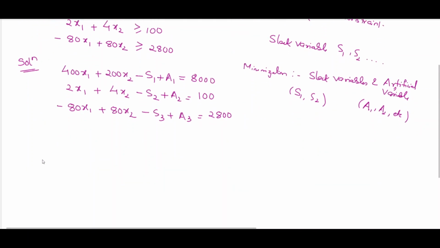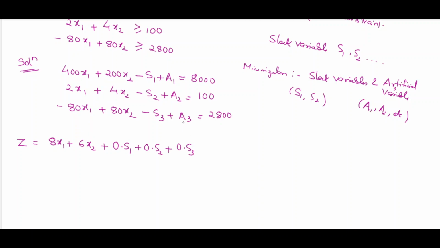Now what will be the objective function? Now we will rearrange z. The objective function z was 8x1 plus 6x2. You know that slack variables have coefficient 0 in a maximization problem also. Here also it will remain the same. How many s are there? Three, so it is 0 s1 plus 0 s2 plus 0 s3.